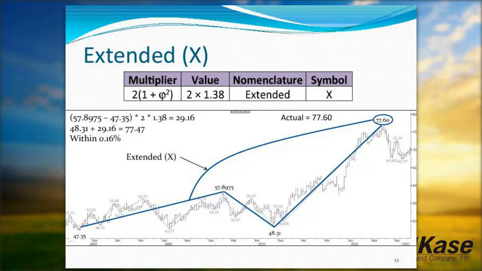Sometimes the trend terminus or what we're going to look at here in a minute, the 3x, could be a little bit lower. But X is a very, very far out target. And it's calculated in the same way.